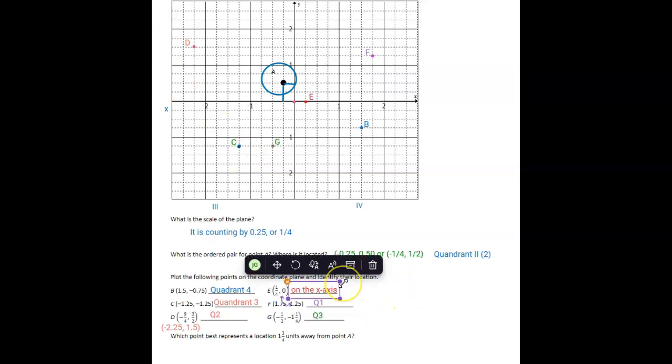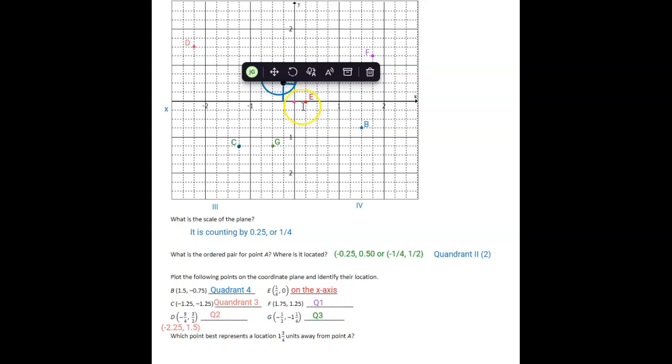Okay, so take a second and check your work. E is located to the right at 1/4, and you stay on the x-axis. That's going to be the red dot, and its location is on the x-axis. F is going to be located in quadrant 1. When you're starting at 0, you're going to go over to 1 and 75/100, which is 3/4 of the way.